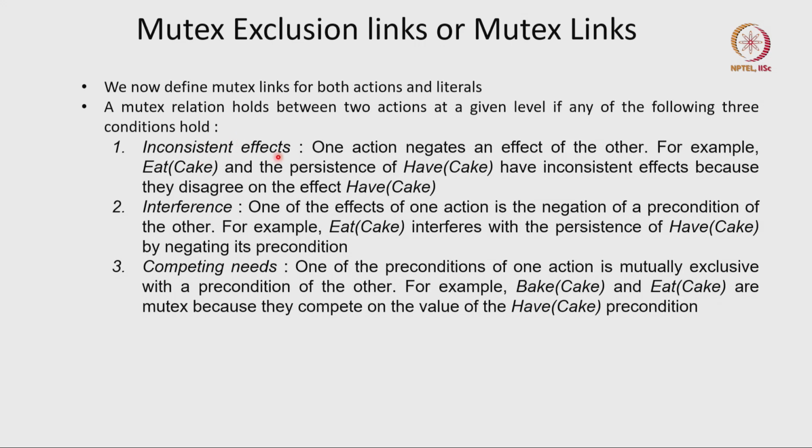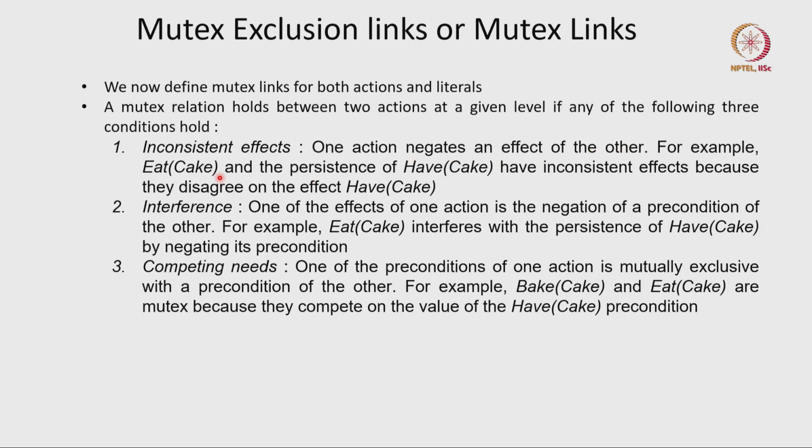So suppose one action gives one effect and the other action gives the opposite effect. Maybe one has have cake and the other has not have cake, then they are mutex with each other. Okay, that is, one action negates the effect of the other.